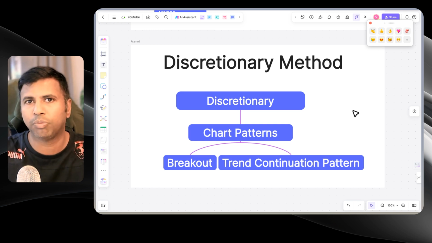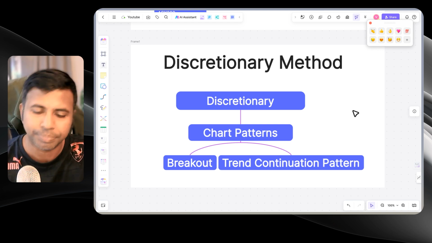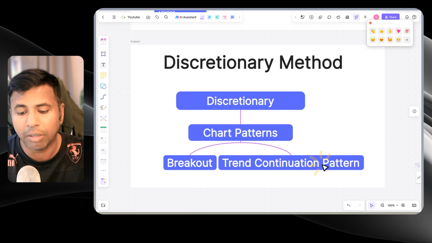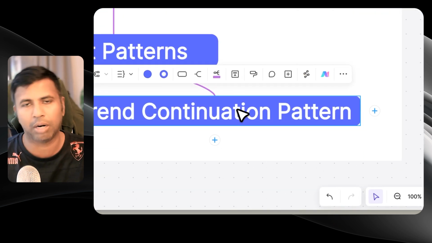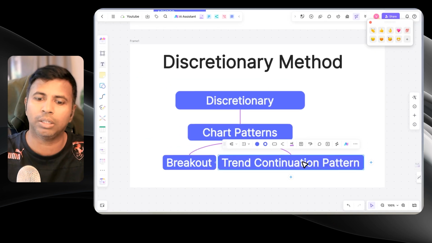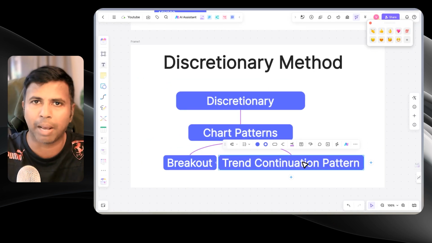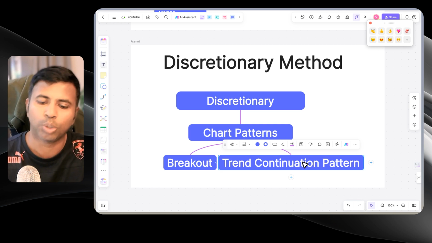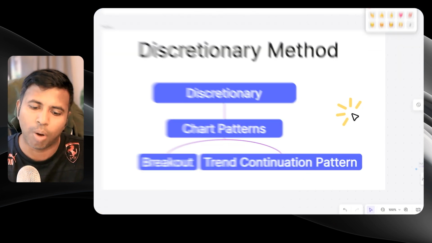Stocks, when they come out of a large base, tend to move with stronger momentum in the right direction. And when it comes to trend continuation, there are certain patterns that are frequently observed when the uptrend is continuing, like a flag pattern or a wedge pattern. I will make a separate video on these chart patterns that I commonly use.